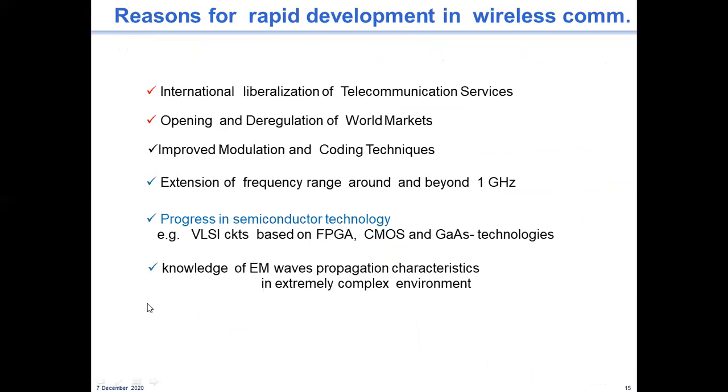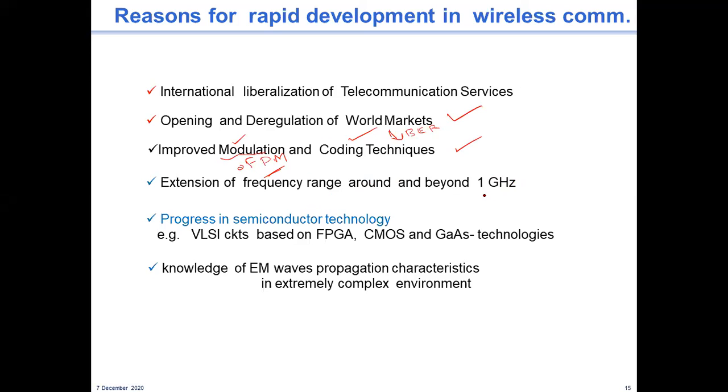This is mainly due to the international liberalization of telecommunication services, opening and deregulation of the world markets, and improved modulation and coding techniques. This includes OFDM. New modulation and coding techniques have been developed to reduce the BER, space-time codings.